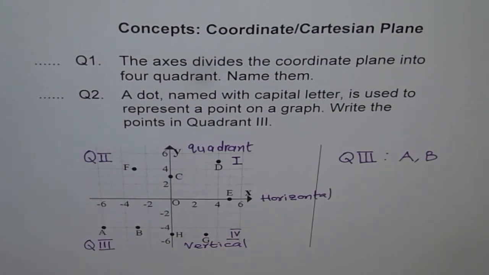Common to means it belongs to both. So the points which belong only to quadrant 3 are A and B. Let's move on from here. This will always be a debating question and let's not waste more time on it. I hope you understand. Thank you.